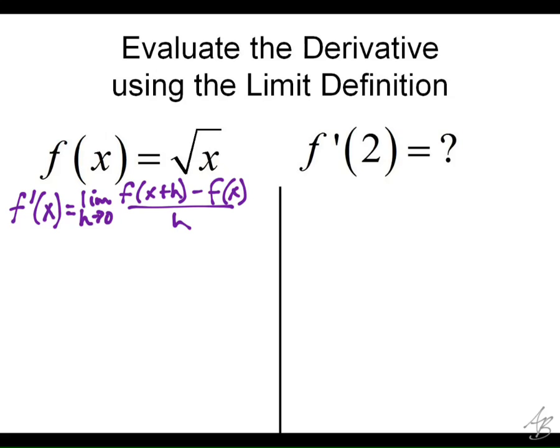And for this particular function then, we're going to have the limit as h approaches 0 of the square root of x plus h minus the square root of x over h.